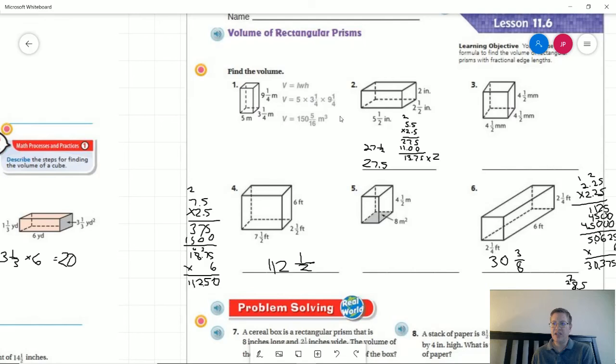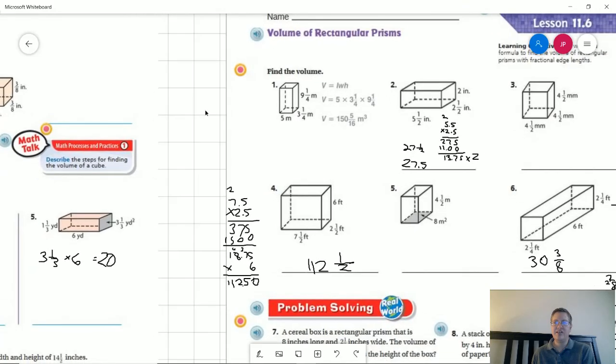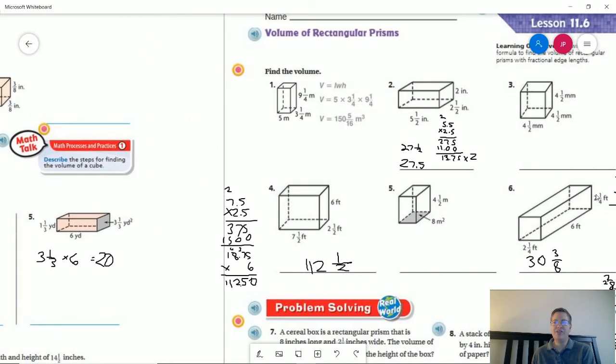So we are doing 2.25 times 2.25 and then multiplying that by 6. So that would give us what we would be looking for in our answer. All of the problems should be working with that.